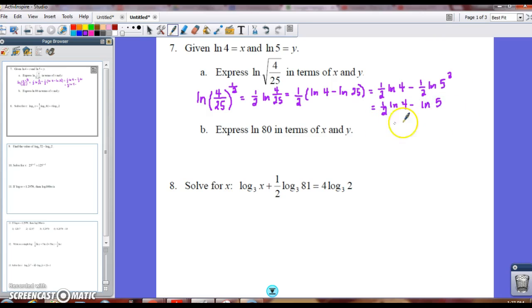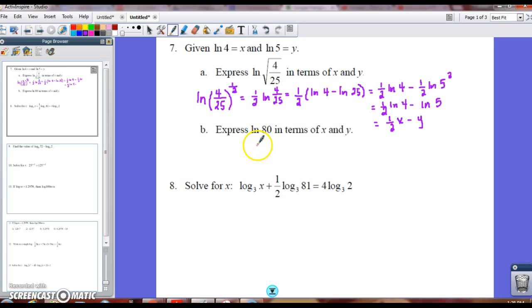And now I can go ahead and substitute in. I end up with 1/2 x, because ln of 4 is equal to x, minus y. So a couple of steps there. If you didn't do it exactly in that order, let's say back here you converted ln of 25, that's okay. As long as you end up with the same answer, you're fine.